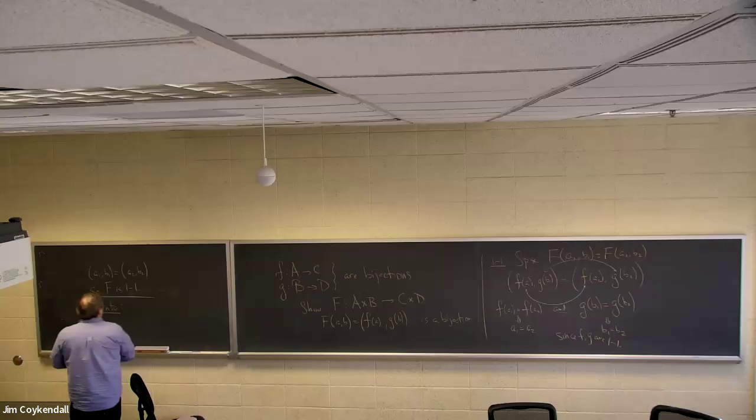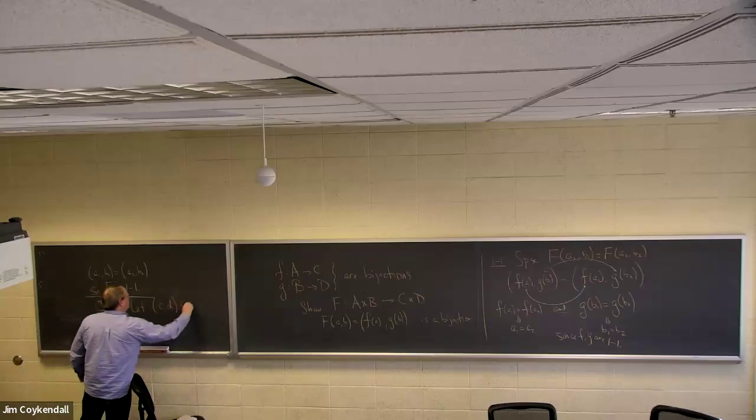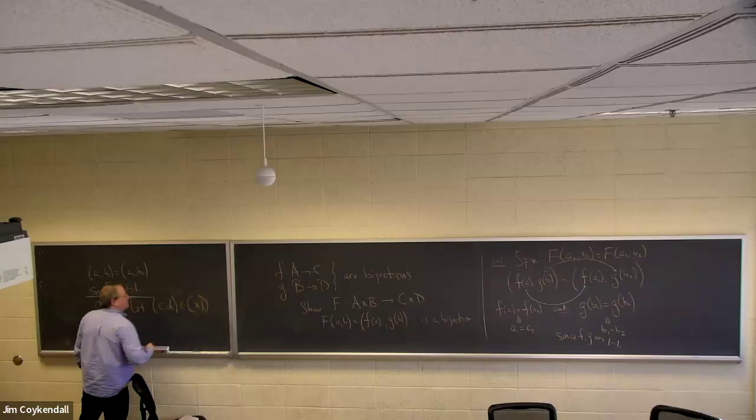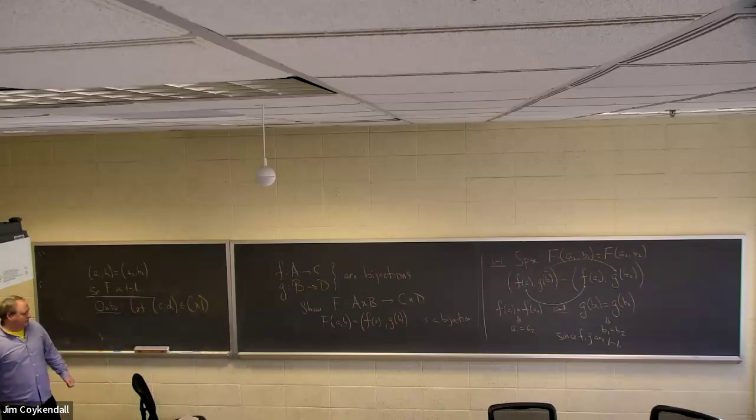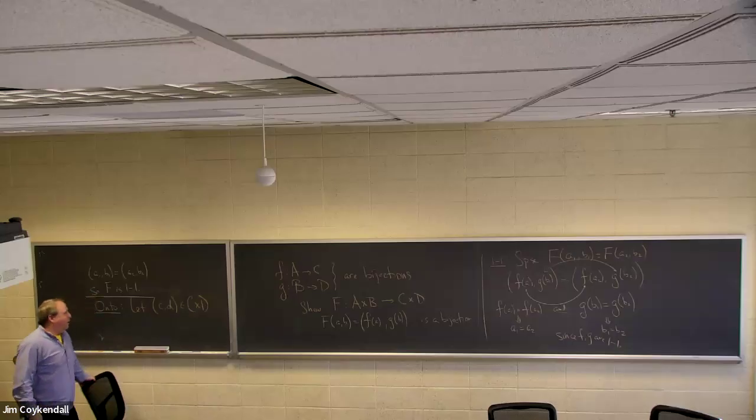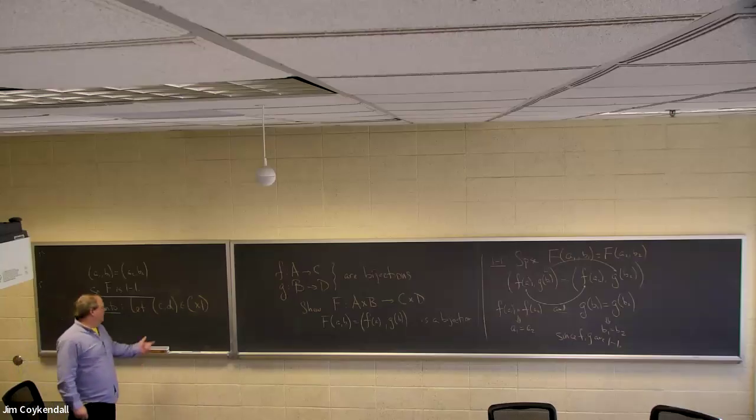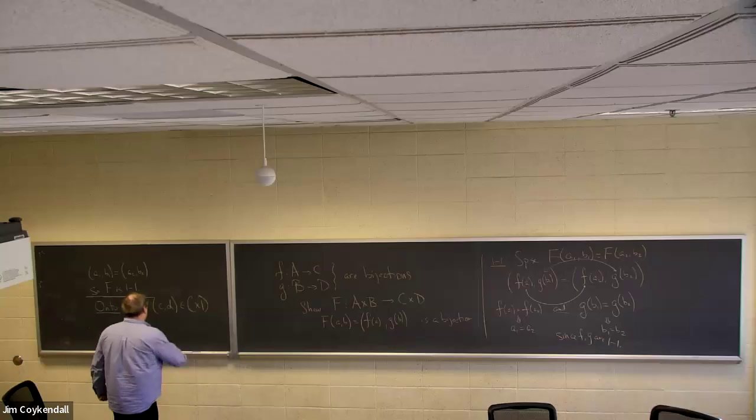So here's where we start the ball rolling. We need to find an ordered pair from A cross B that goes to it. How are we going to do that?